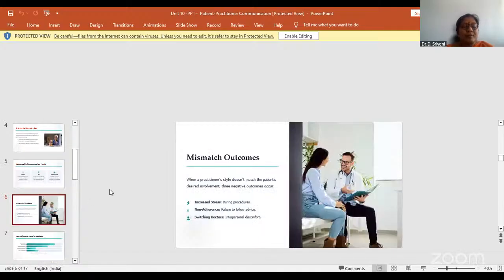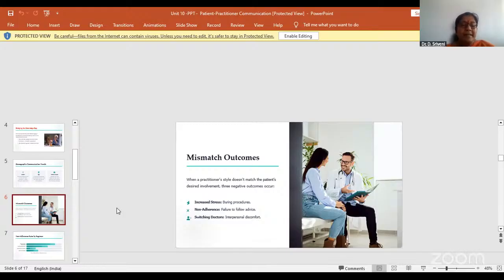So, psychological outcomes of effective communication. From the psychological perspective, the nature of the interaction is just as important as the medical treatment itself. Studies in health psychology measure success not just by the time spent together, but by the level of patient satisfaction and the accuracy of the information the patient actually recalls.